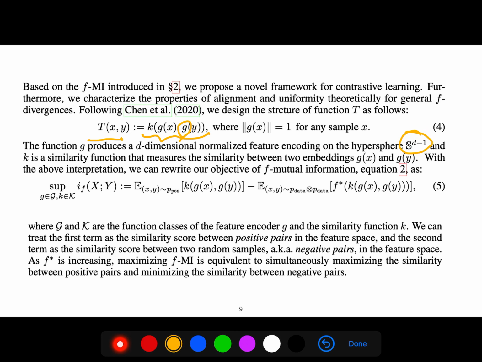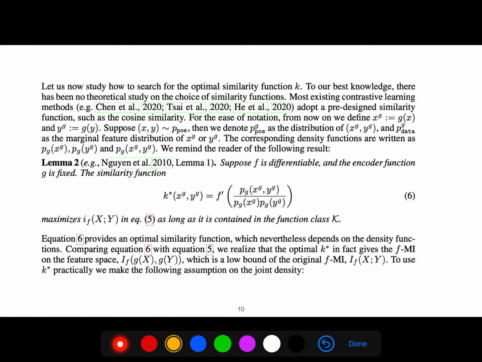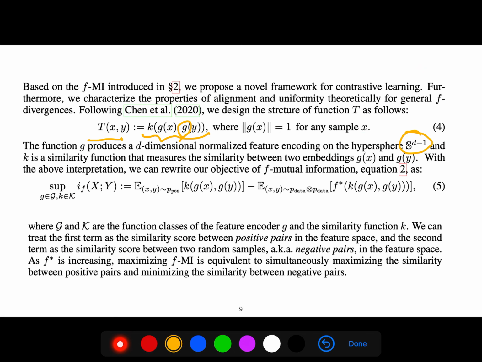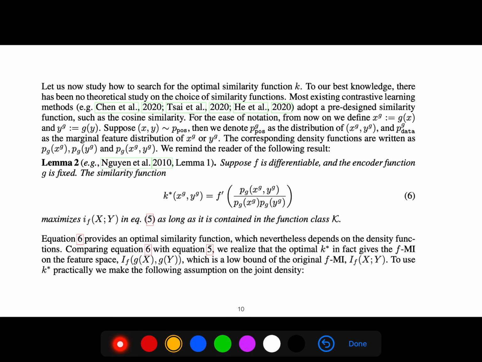And then we can write the objective of mutual information, as I said in the previous slide, this one, because we have the lower bound, and now we just maximize this one. And if f is differentiable and the encoder function g is fixed, then this similarity function simply maximizes I_f as long as it is contained in the function class K.